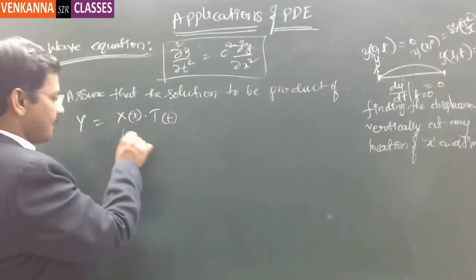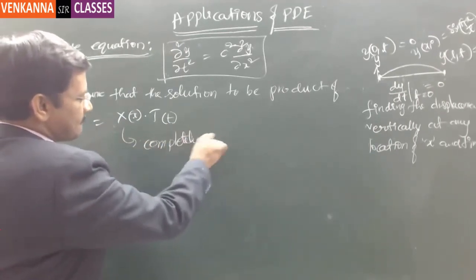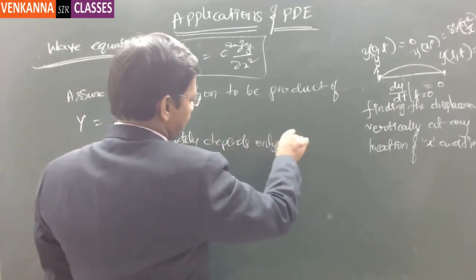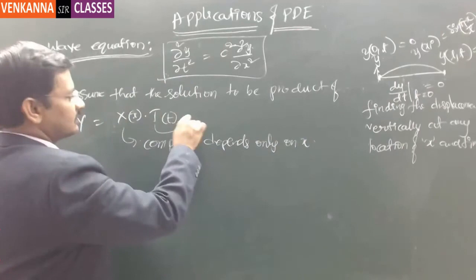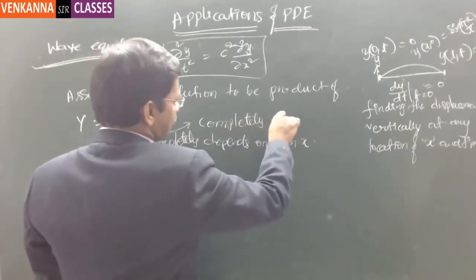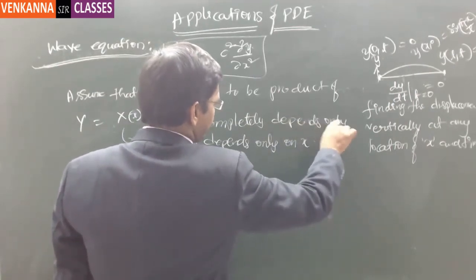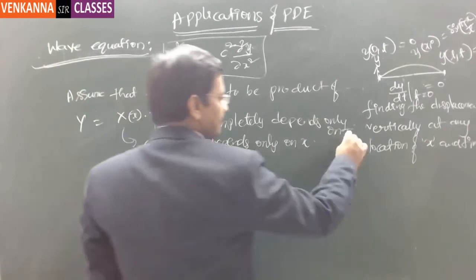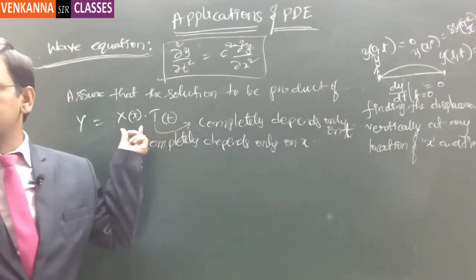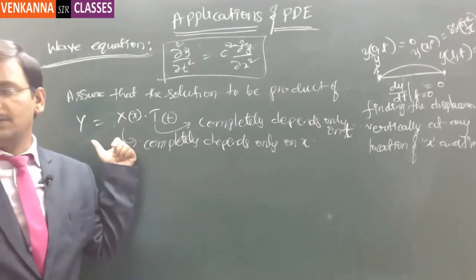One depends completely only on x, and the other, T, depends completely only on t. The product of these is coming out to be the solution of the differential equation.